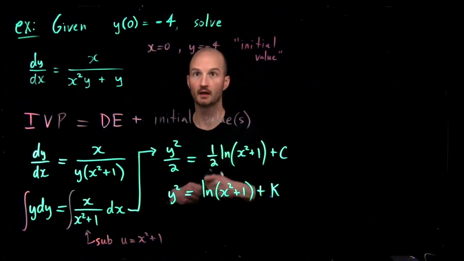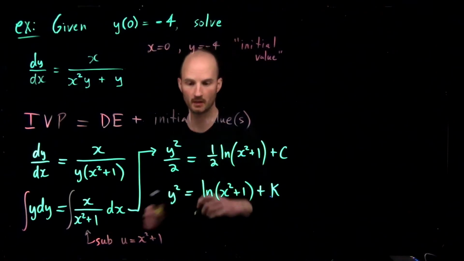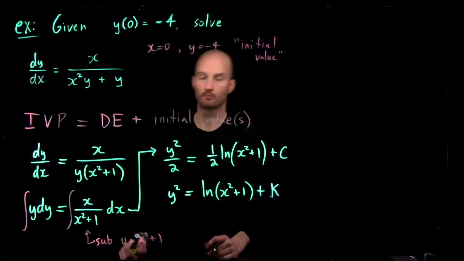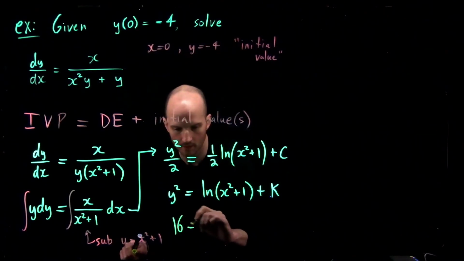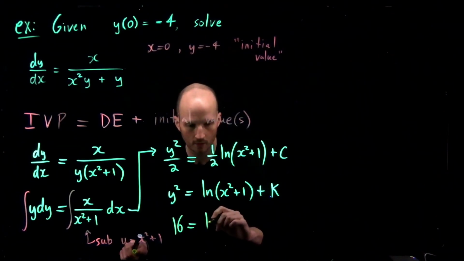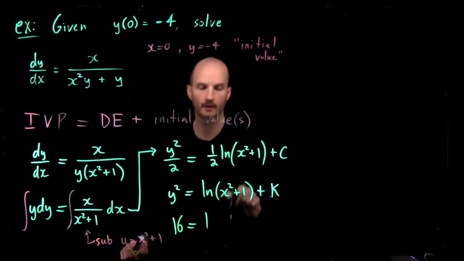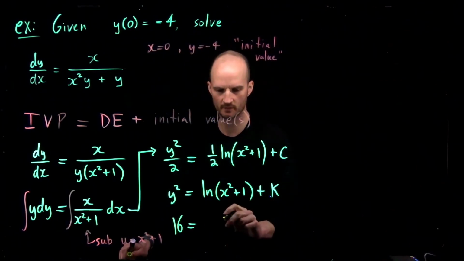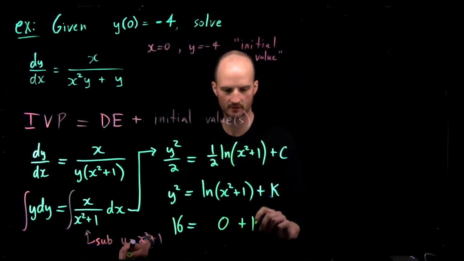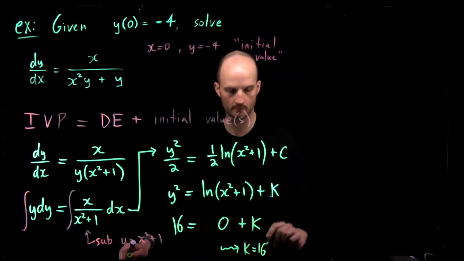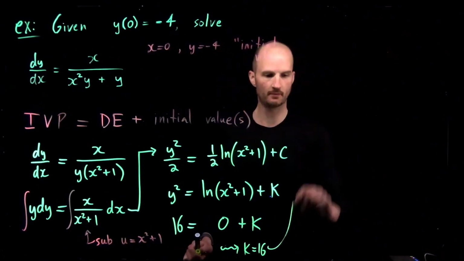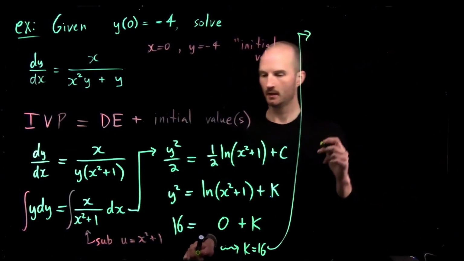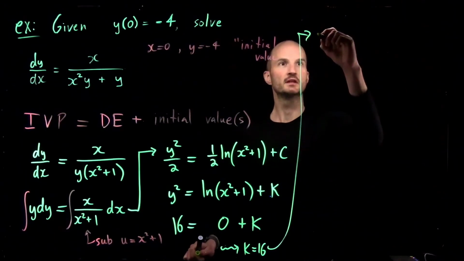Plugging that in here, I get 16 is equal to 0 plus k, so k is 16. And where does that bring us? It brings us back here, but with a 16.